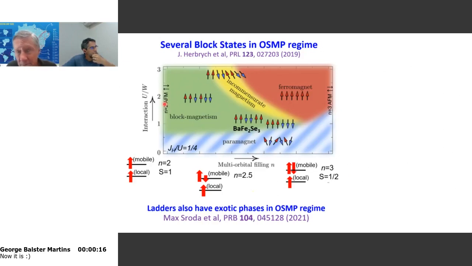That's fine, but sometimes the system chooses to find intermediate states. So you can look at the two block. The two block has ferro inside the block, and antiferro in between the blocks. So it's partially keeping happy the ferro tendency, partially keeping happy the antiferro tendency. So we think it's a compromise.